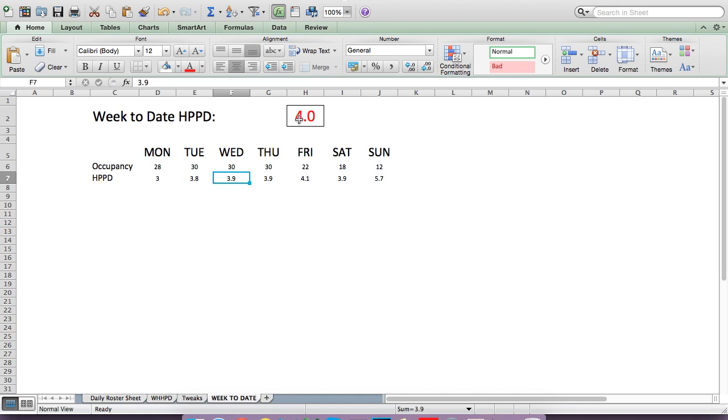So where you can, you need to squirrel away a few hours every day. Even half an hour every single day. If you drop your orderly back by half an hour because you think, well, the nurses are coming on at 7, they're doing handover, they're not getting any tasks until the nurses come out, get their bedside handover and get a sense of what they're doing. We can't delegate really till 8 o'clock.